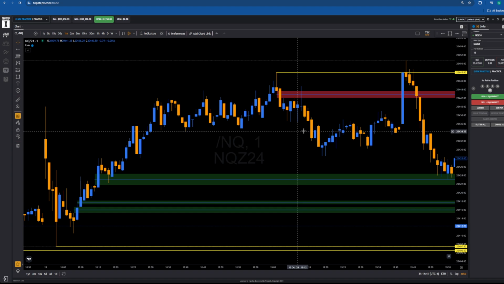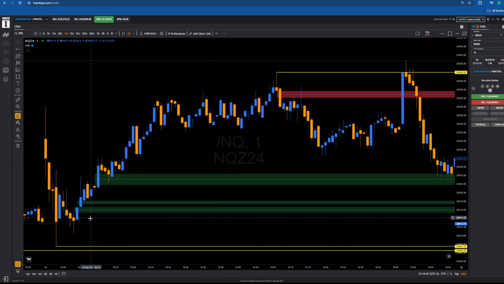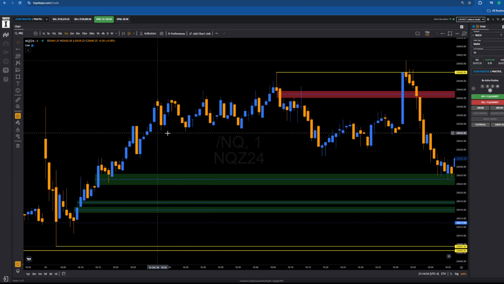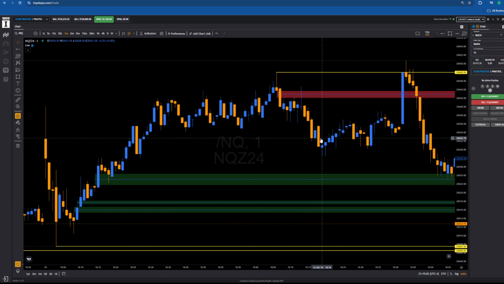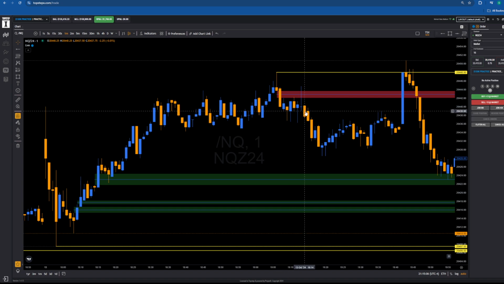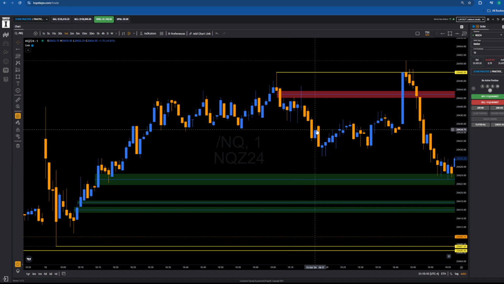So at this point, the market just came down to kick out all the initial buyers. Whoever is moving their SLs from here, this is a good area because the market is respecting it, right? Most of the people might have put their stop losses there, and that's exactly what the market came to kick out. At the same time, there must be new sellers who think the market will go down from here, right?